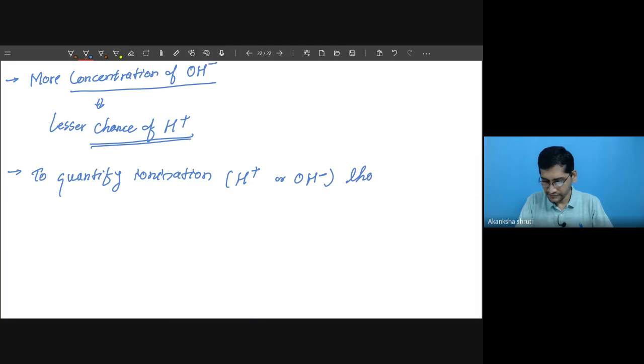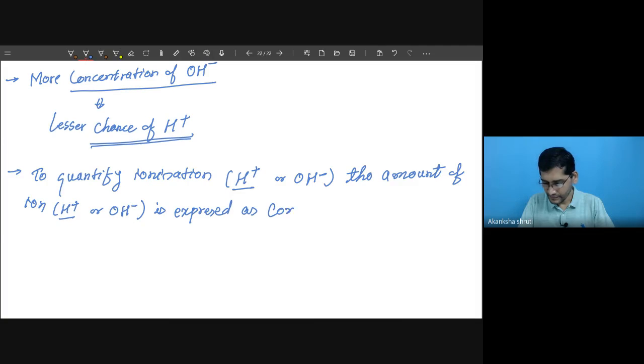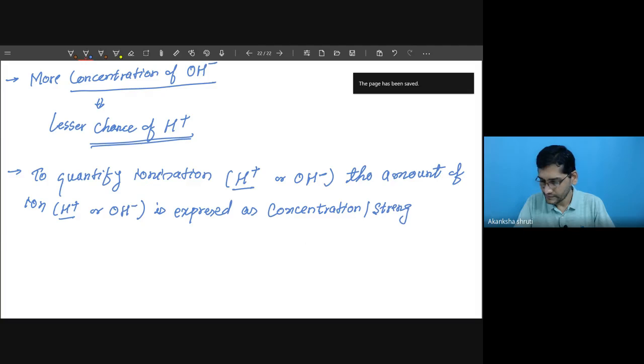The amount of ion, either H plus if we are considering the acid, or OH minus, is expressed as concentration, or a strength simply, and plotted on pH scale.